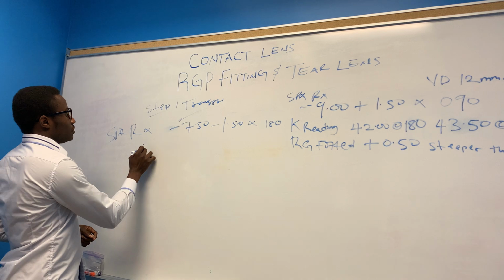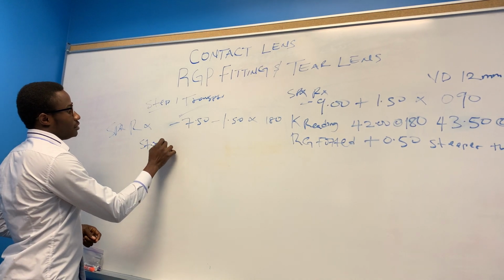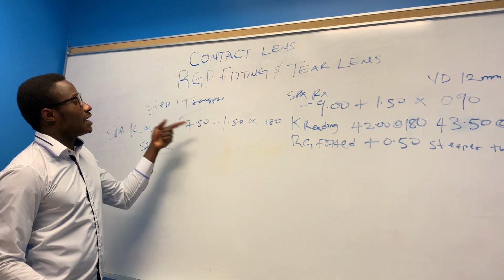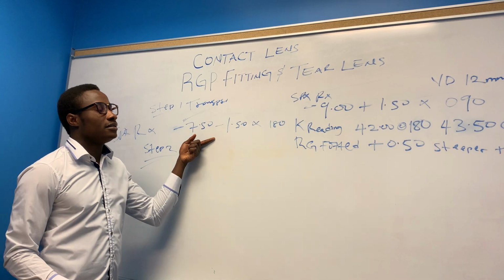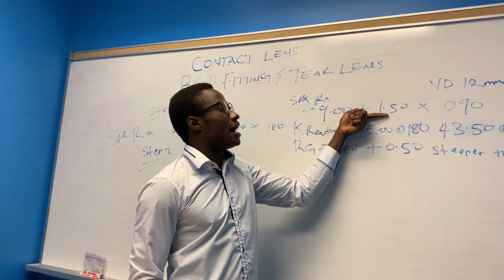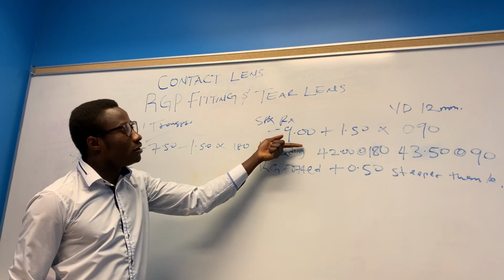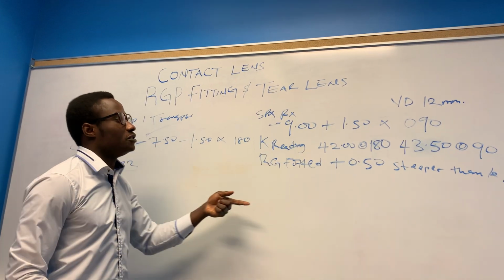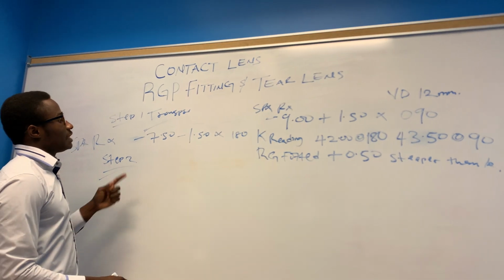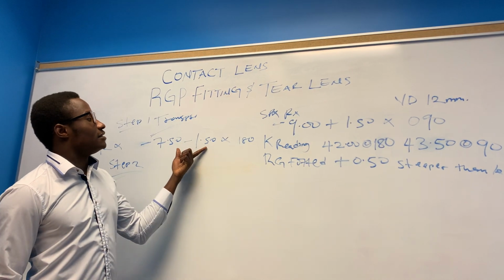Now, step 2. We have transposed this Rx, but remember, this is a spectacle Rx refracted at a vertex distance of 12, and this patient wants contact lenses, which is an RGP. So we are no longer giving this patient the spectacle Rx.